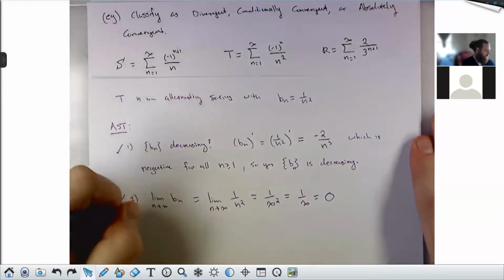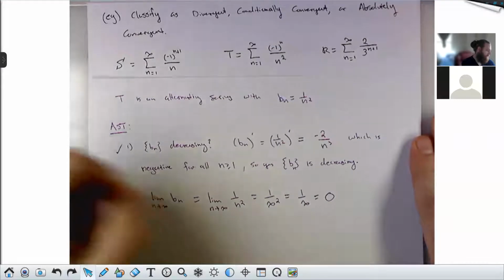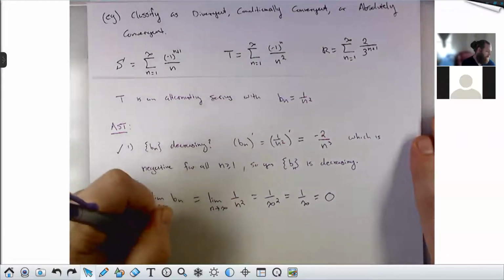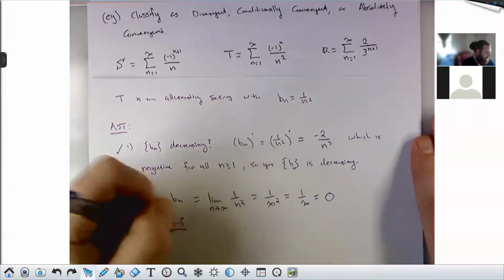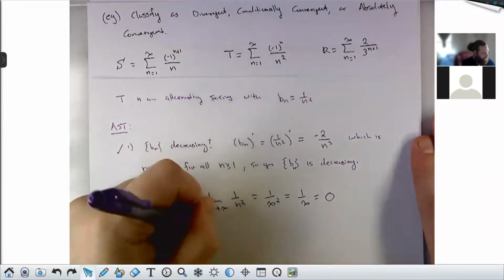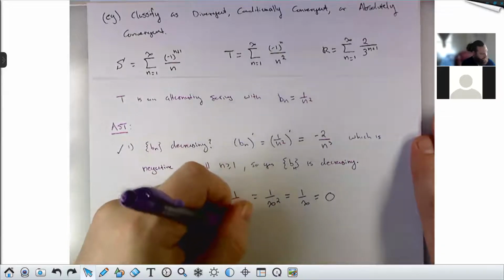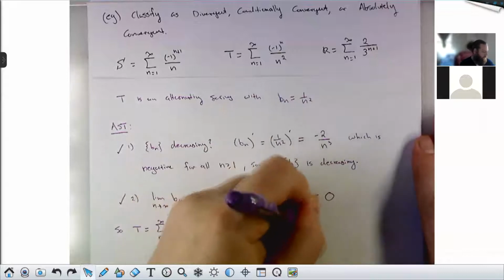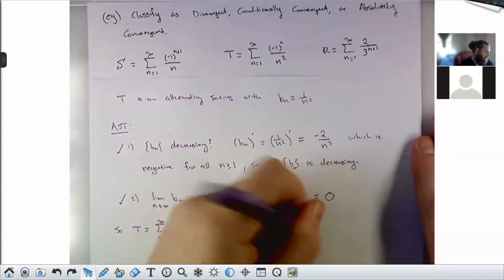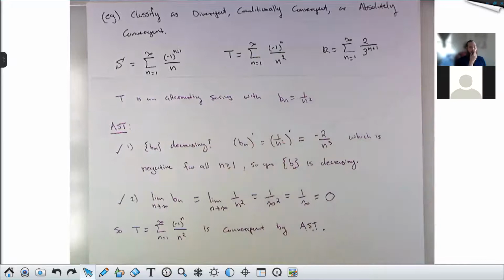So T equals sigma n from 1 to infinity, (-1)^n over n squared, is convergent by AST. And just like with the previous example, I need to check to see whether that convergence is conditional or absolute.